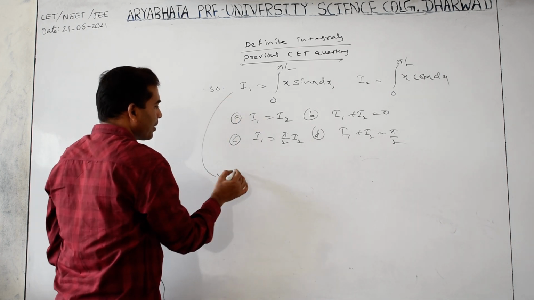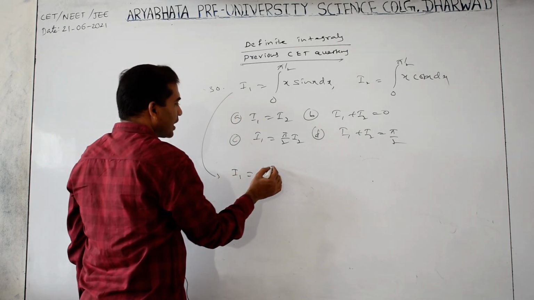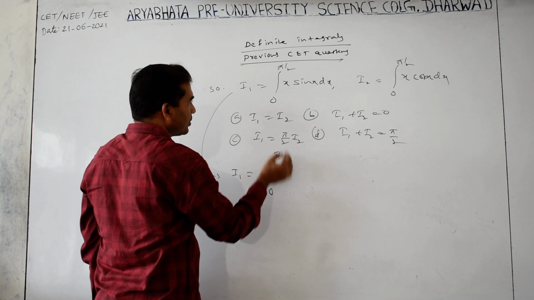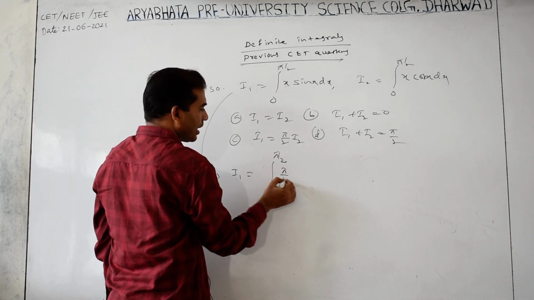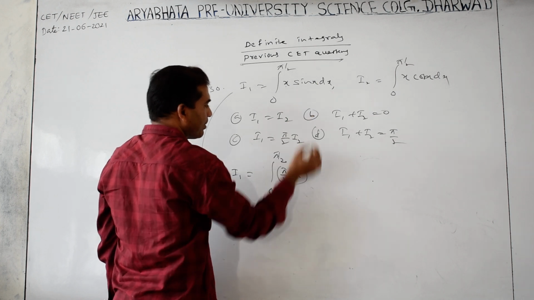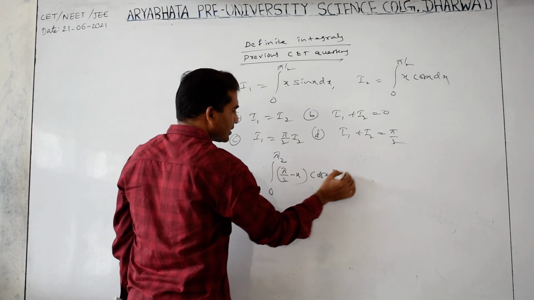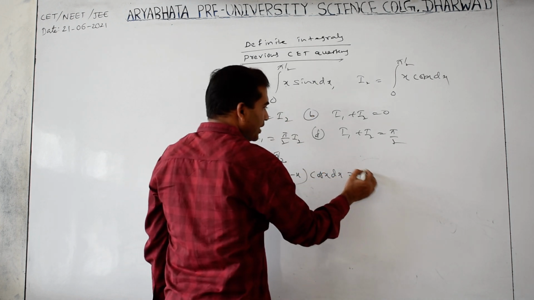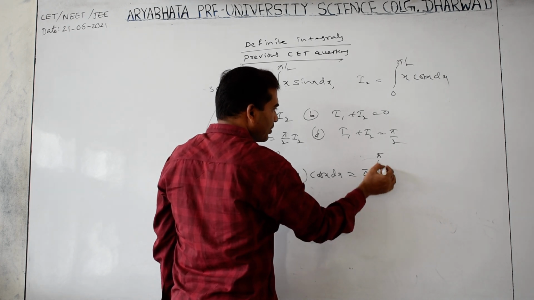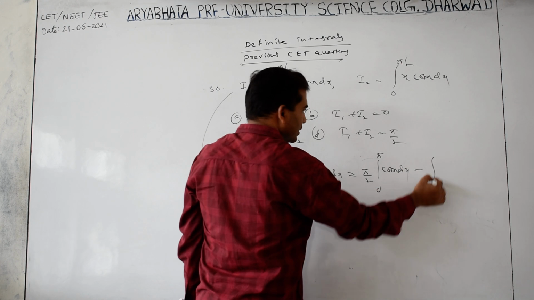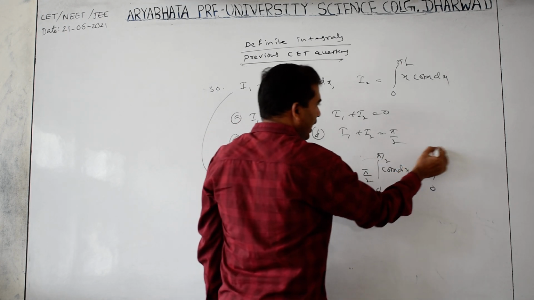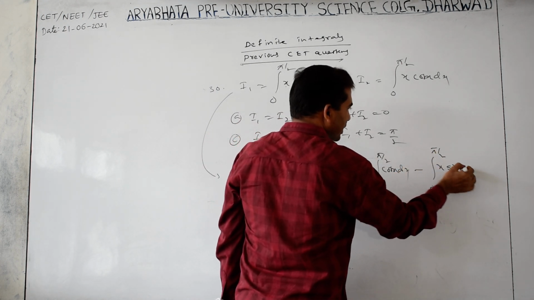Use the property: I1 equals integration of 0 to pi by 2, in place of x write pi by 2 minus x, pi by 2 minus x, sin of 90 minus x, cos x dx, 0 to pi by 2 cos x dx minus 0 to pi by 2 x sin x dx.